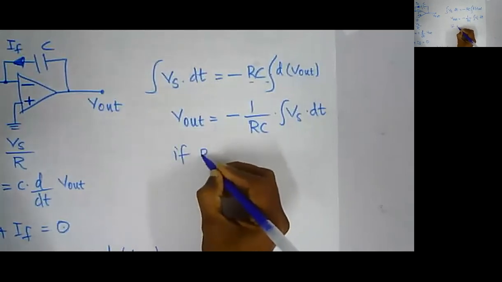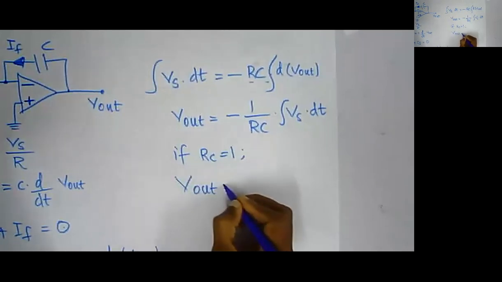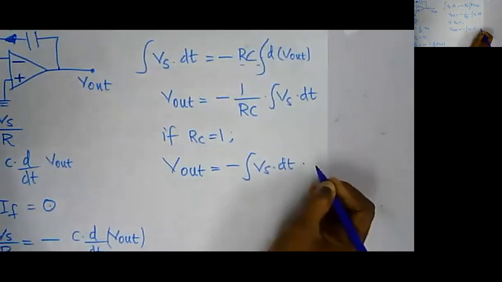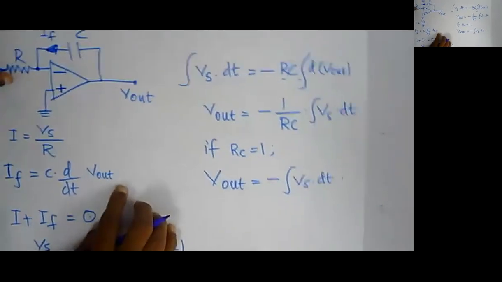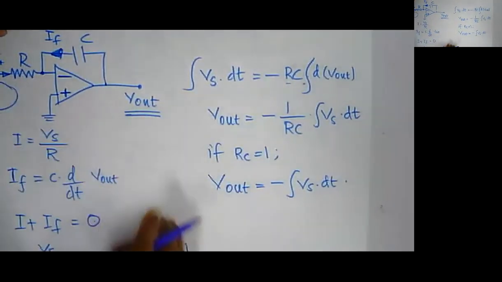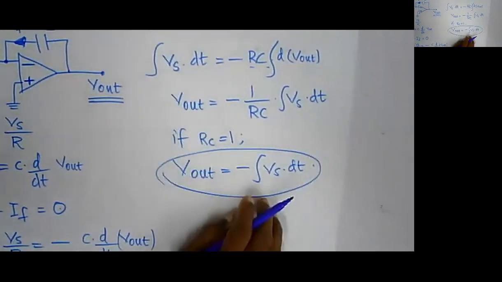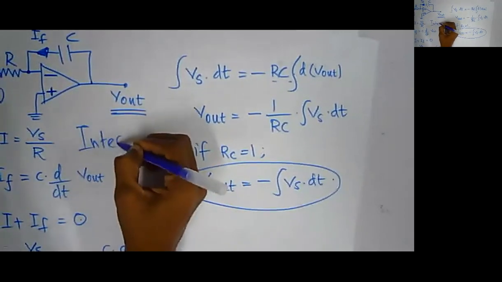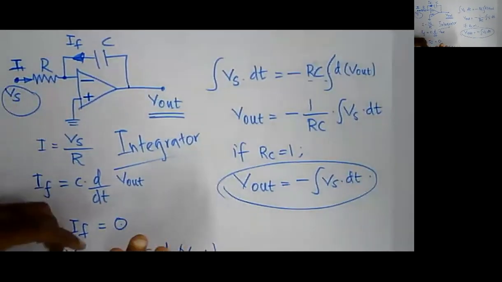Again, if RC equals 1, then my V out will be equal to minus the integration of Vs into dt. So if R into C in this circuit is equal to 1, then my V out is the integrated version of my Vs, minus the integrated version of my Vs. Hence, I can call this circuit an integrator.